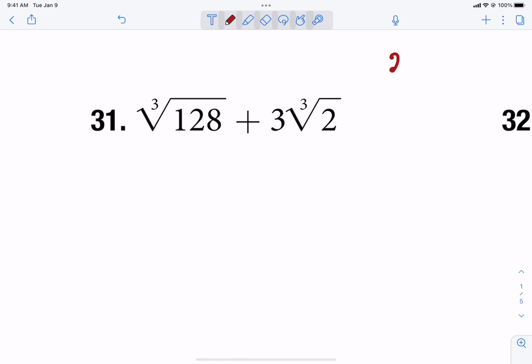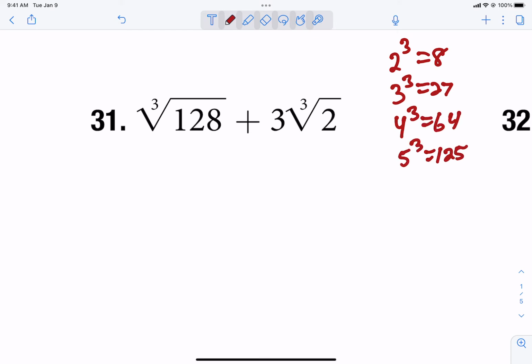Like 2 cubed is 8, so 8's a good number under a cube root. 3 cubed is 27. 4 cubed is 64. 5 cubed is 125. Those are some to get your brain thinking of cubes. Currently, like any radical, we can only add them if they're perfect matches. Those don't match. But what do we know about the number 128?